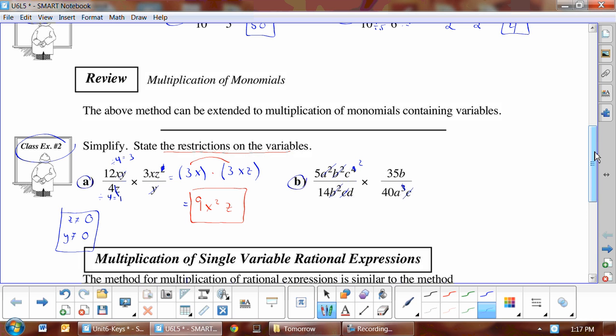Okay, so Michaela, what kind of common factors do we see in the top and the bottom? Yep, 5. So we can divide by 5 here. And then we can divide our 40 by 5. So we get 1 here. And we'll get 8 here. Yep, we'll write it all out when we're done. Don't you worry.